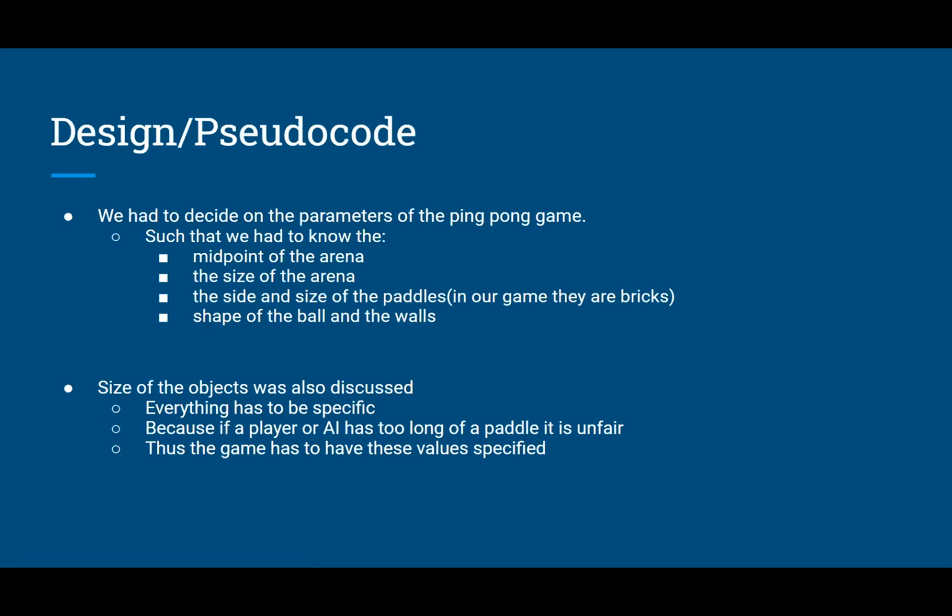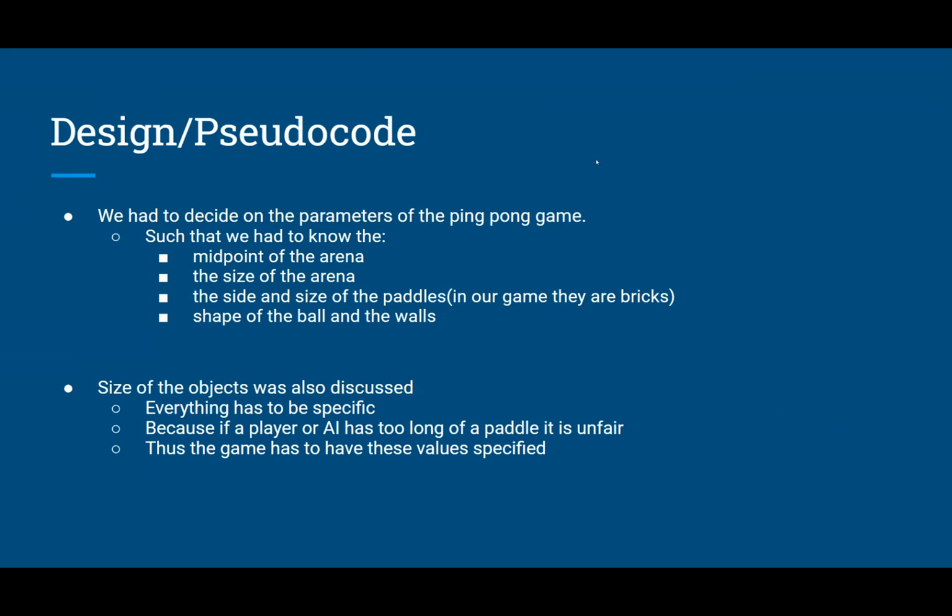And so for the design and pseudocode of this game, we had to decide on the parameters, because a ping pong game is built around an arena and two paddles. So we had to decide on the midpoint of the arena, the size of the arena, the size and the sides on which the paddles would be, so left and right, and the shape of the ball and the walls.